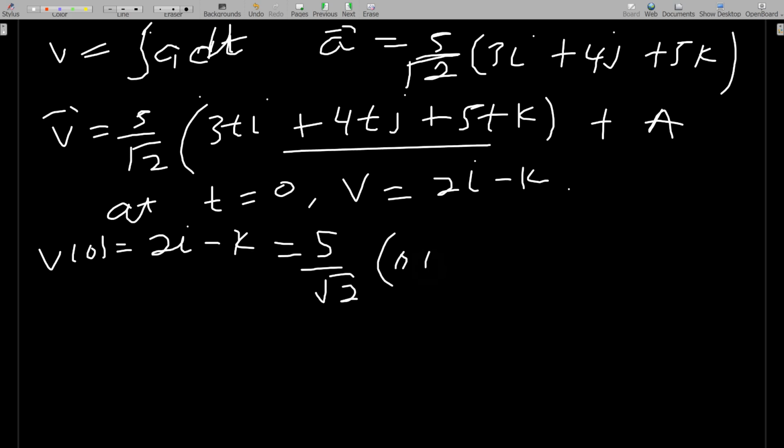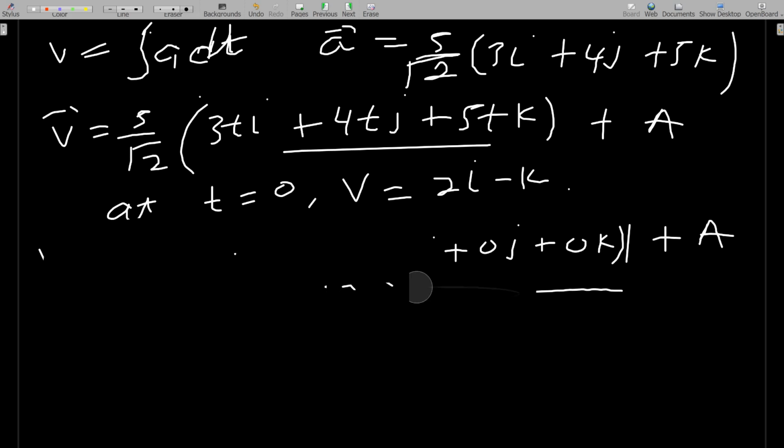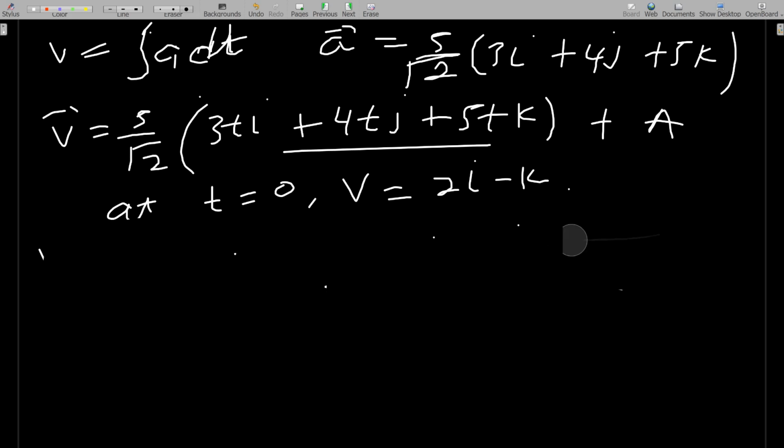I have 0i plus 0j plus 0k all plus a. So all of this part will go to 0, so it means that a is actually equal to 2i minus k.